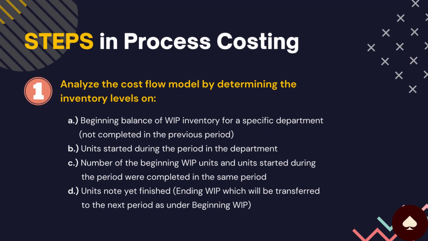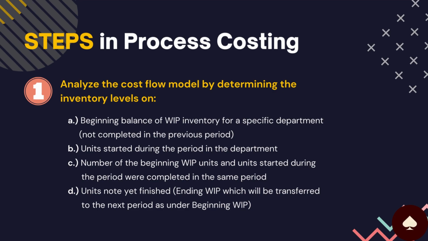It is inevitable in any business to have an end of the accounting period, especially if that business is functional for more than a year. The beginning balance of work in process inventory are simply the units that were not yet completed during the prior period. Hence, they are forwarded to the beginning work in process inventory of the next accounting period.